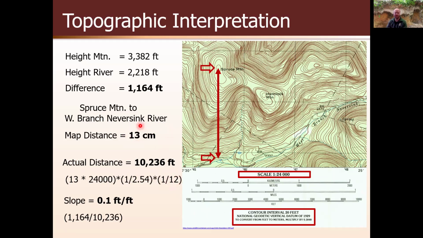And so 13 centimeters here representing 10,236 feet. We could then divide the height over the distance to get the slope. And so for every foot you walk, you'd be going up 1/10 of a foot on average on that slope.